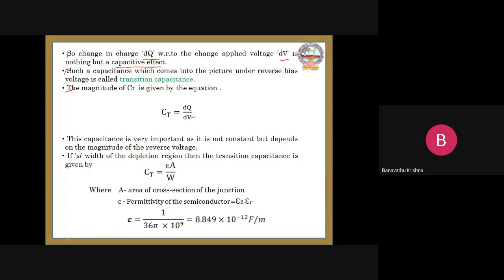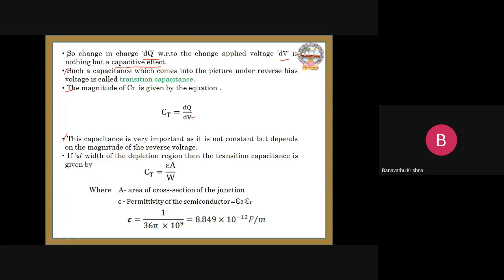Next, this capacitance is very important as it is not constant. When the change in charge occurs with respect to the change in voltage, a capacitance property exists across the junction, but it is not constant. Why? If you increase the reverse bias voltage, then automatically the capacitance will decrease, because the depletion region increases and the existing electric field also decreases.